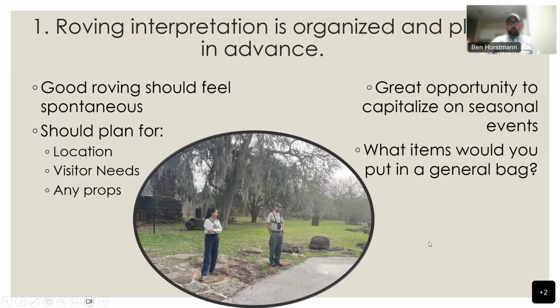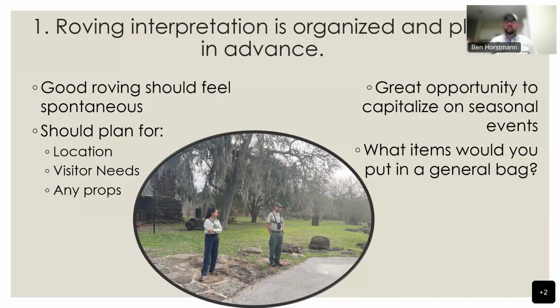And then, just coming up with ways of what things you're going to put in your bag. I know that I have trunks in my office that a park can just have. We have backpacks. When I was in a park, I had a backpack filled with just little stuff and would just go out on the trail. If somebody had a question about certain things, I could pull something out of that bag and talk to them about it.